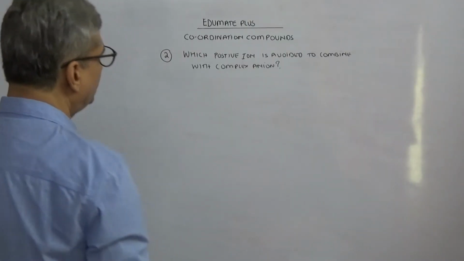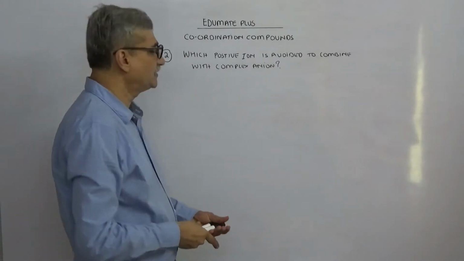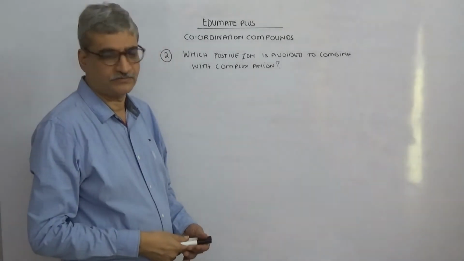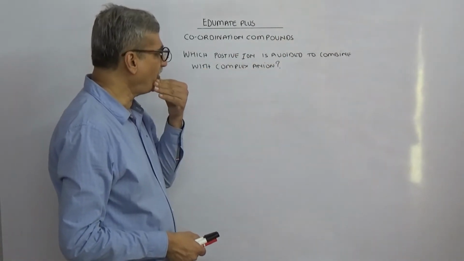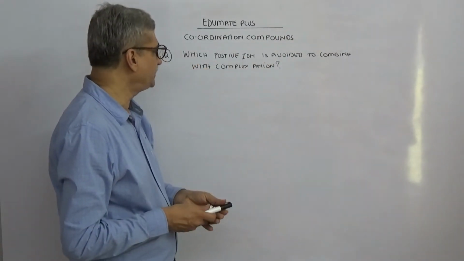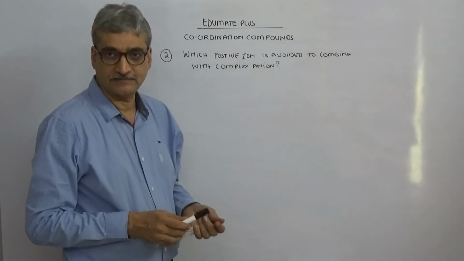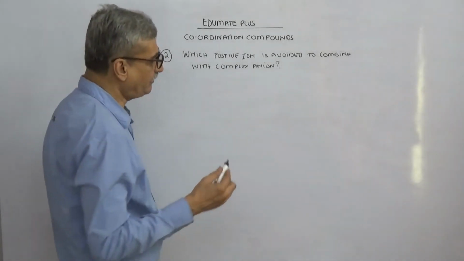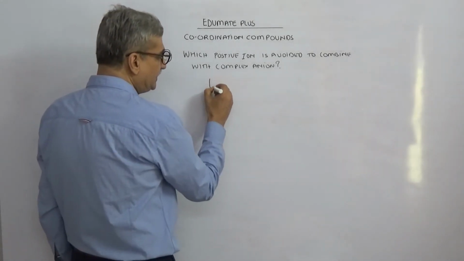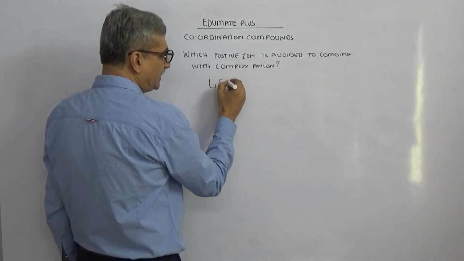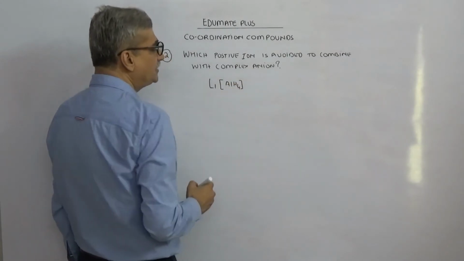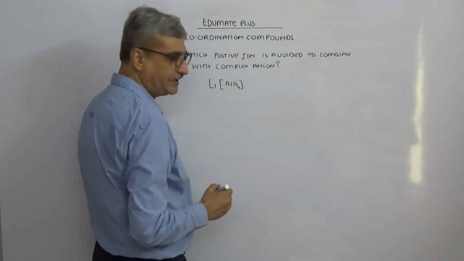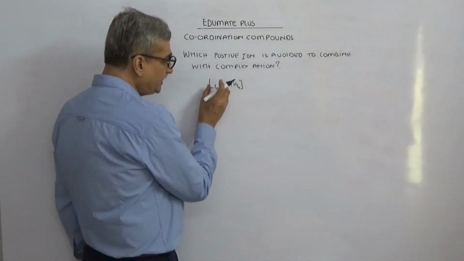So in our decluttering of chemistry for the chapter coordination compounds, we take one more question. See, which positive ion is avoided to combine with a complex anion? See, we are all very familiar with lithium aluminium hydride, LiAlH4. Here lithium was the cation.